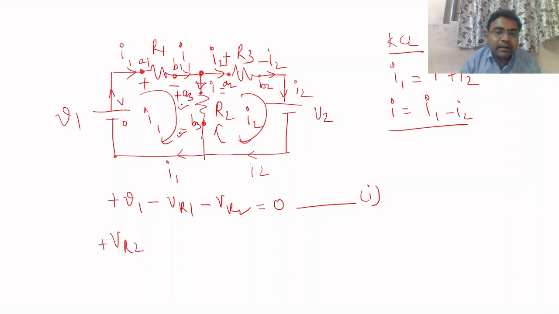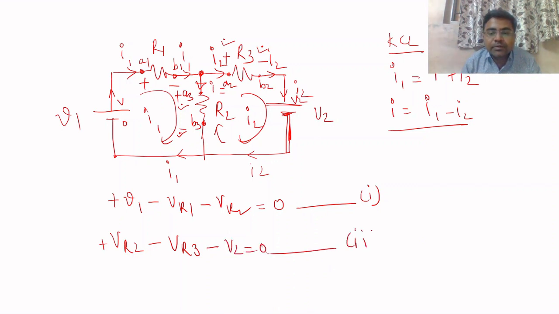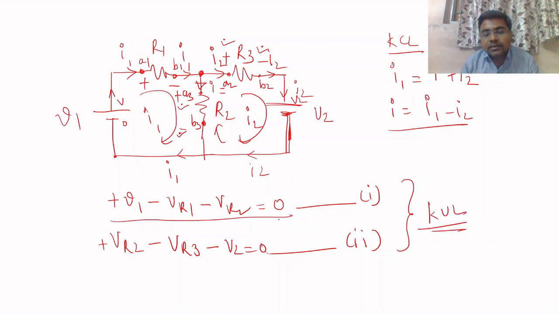Now while I am traveling from A2 to B2, the potential decreases because here the potential is plus and here it is minus VR3. So it reduces, so minus VR3, and here the potential is plus V2, okay, and then it becomes 0 volt, so that's why it is minus V2 is equal to 0. So this is equation number 2. In this way you can apply KVL and you can work out the algebraic sum of voltage.